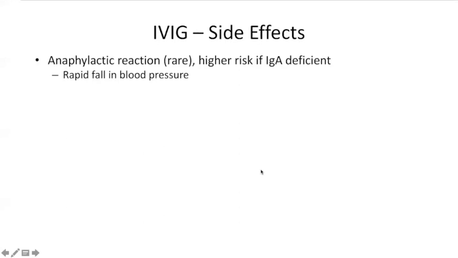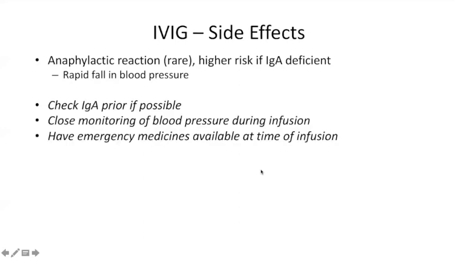And it's associated with having a rapid fall in blood pressure. So to help avoid this, IgA is something that can be tested with a simple blood draw. So we can check for IgA before starting IVIG if possible.